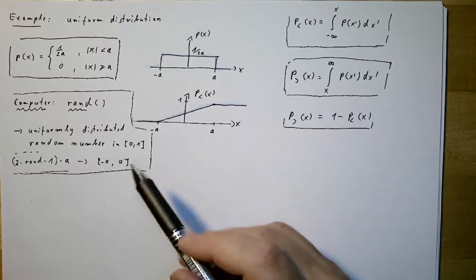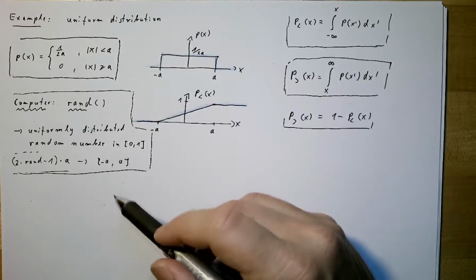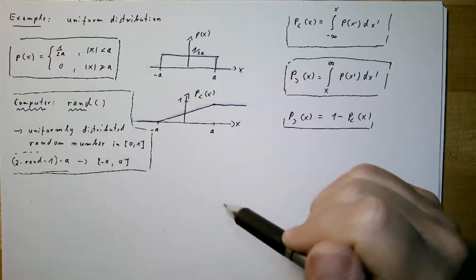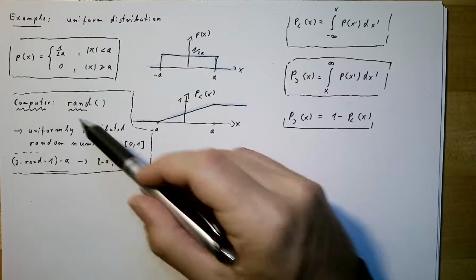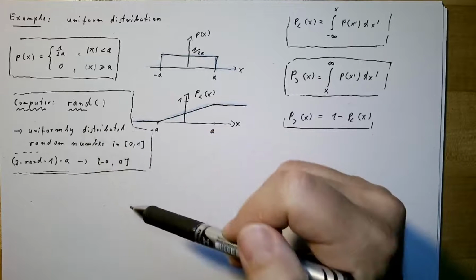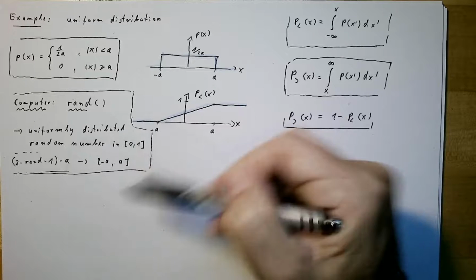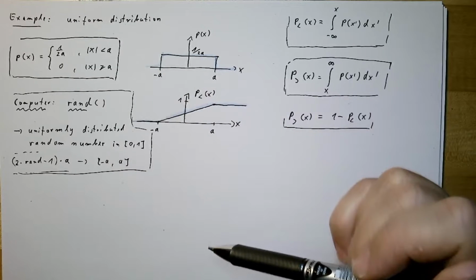And we will see this more systematically later. In order to generate random numbers from a desired probability distribution, we will typically use uniformly distributed numbers in the interval between 0 and 1, and then make some variable transform to go to the distribution that we want.